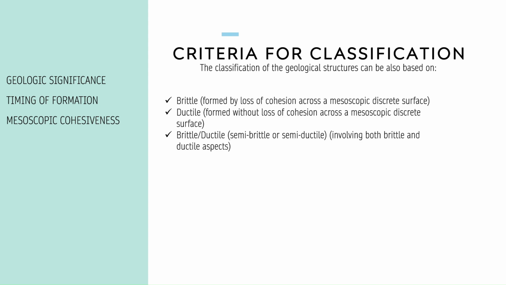There are three. One is brittle, as you know, which is breaking down, and the second one is ductile, which is like moving like a paste, and brittle-ductile, which indicates that when you are seeing in megascopy it will be brittle, but when you are seeing in microscope it shows some sort of ductile, or vice versa. So this is the third criterion for classification of rock structures.